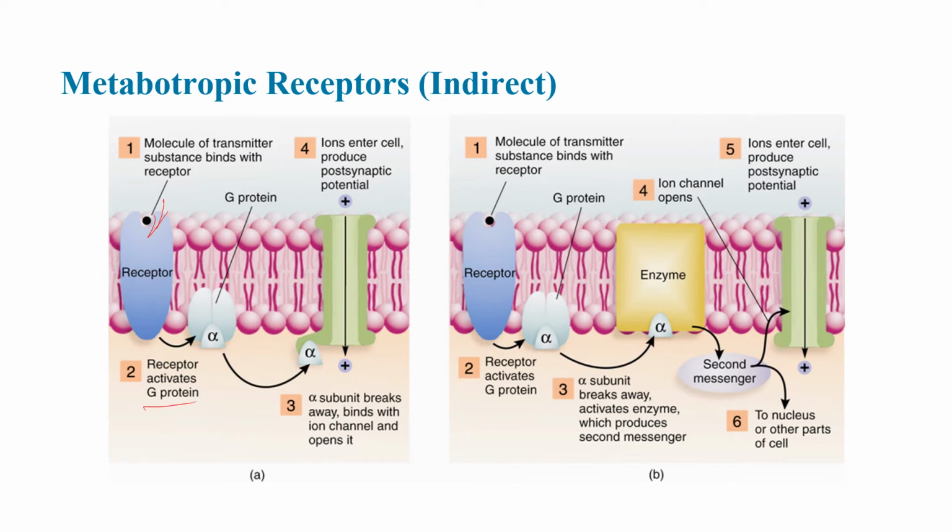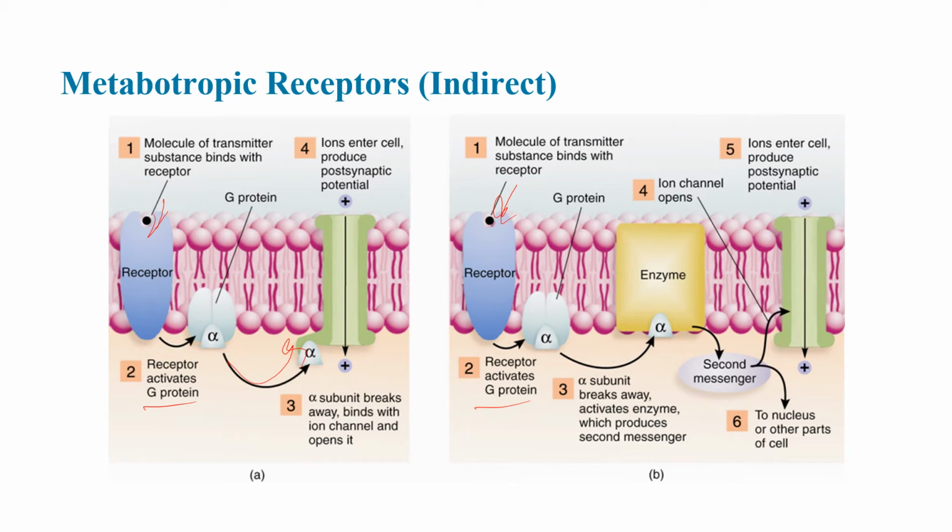Instead, it activates what's called a G protein, a protein inside the neuron. This protein then binds, in the first case, to an ion channel inside the neuron, opening it up in a mechanical way, just like if it had bound to the outside.